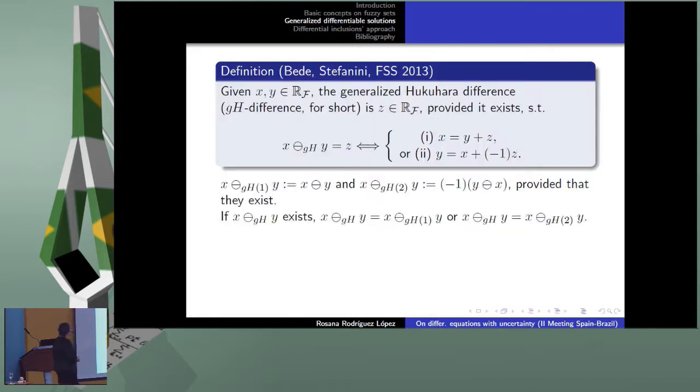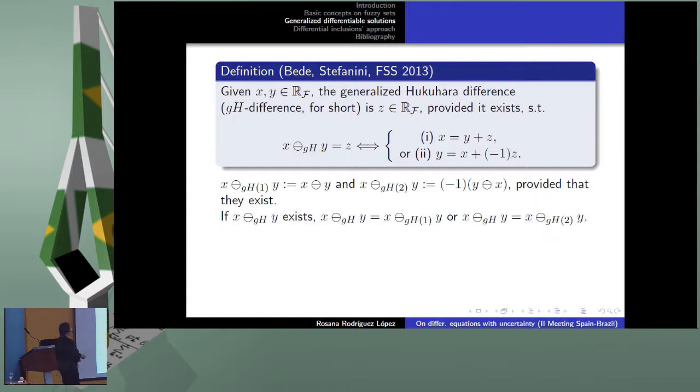Okay, so Bede and Stefanini in 2013 proposed a new difference in order to get a more general class of differentiable functions. This is the generalized Fukuhara difference, also called generalized H difference, or GH difference. And this difference is defined in the following way.